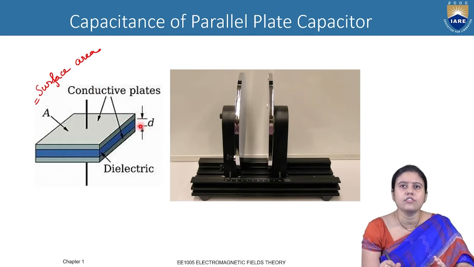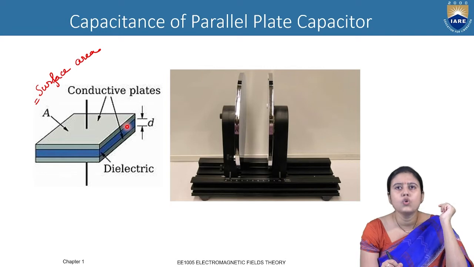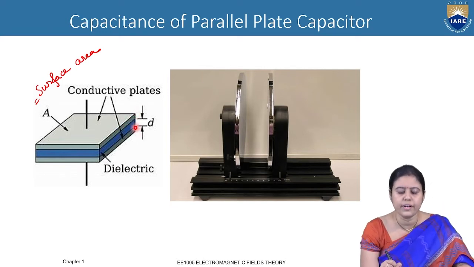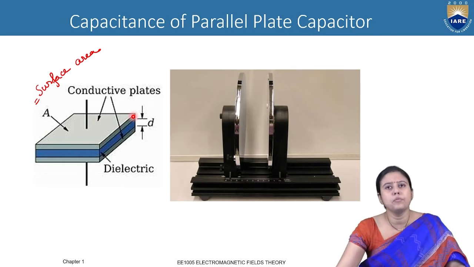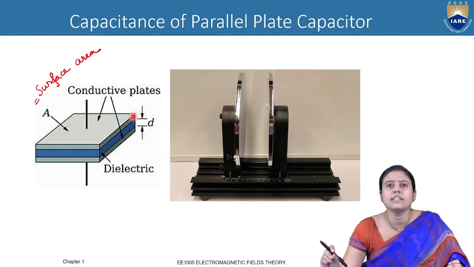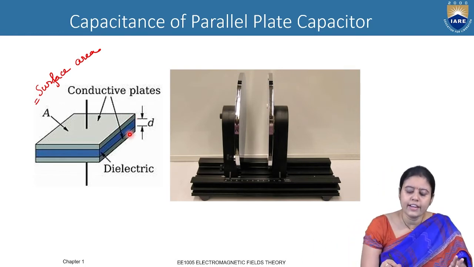Now the thickness or the distance between these two plates is given as D. What is D? D is the distance between the two plates. And we are assuming that in between the two plates, it is full of dielectric material.